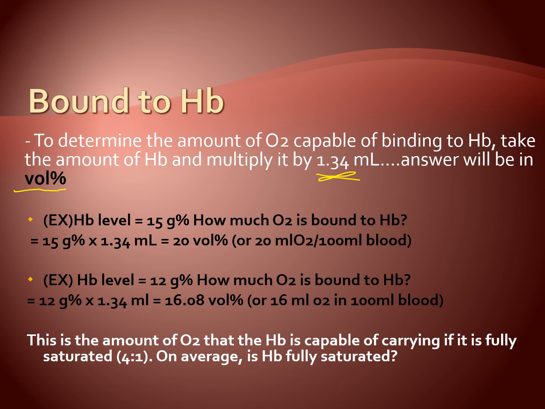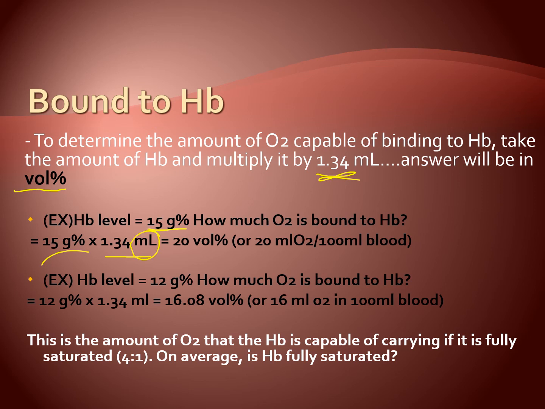Look at that first yellow example there. If I have a hemoglobin level of 15 grams percent, how much oxygen is bound to hemoglobin? Well, in a perfect situation where every hemoglobin was carrying oxygen, I would just do this. I would take 15 times 1.34, so that turns this gram percent into a volume, right?